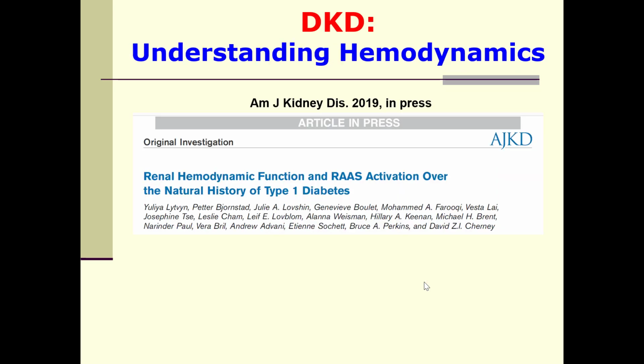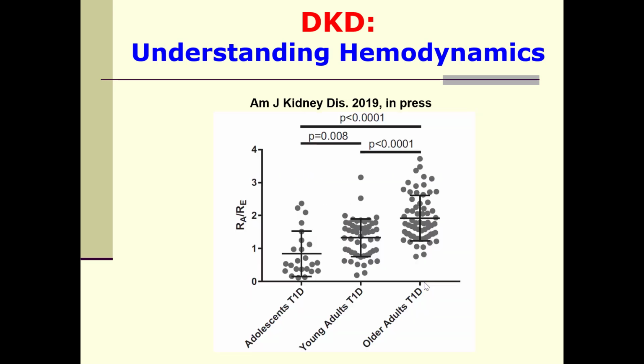What about hemodynamics? This is a very sophisticated study addressing the GFR, filtration, and resistance within the afferent and efferent arterioles. All these were measured in this study, and this figure gives us a very interesting clinical lesson. In adolescents and young adults in comparison to older adults with type 1 diabetes, what do you see? In older adults, the efferent arteriole is not constricted.